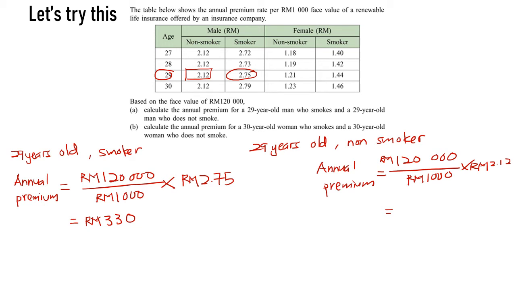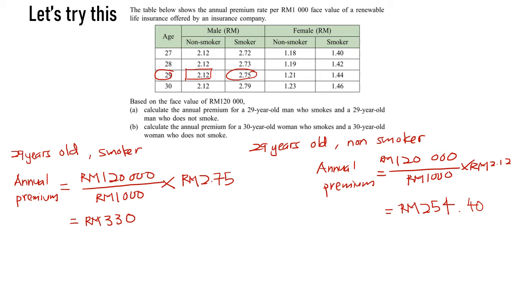So the annual premium for this man is 254 ringgit and 40 cent. So you can see the difference in their annual premium.